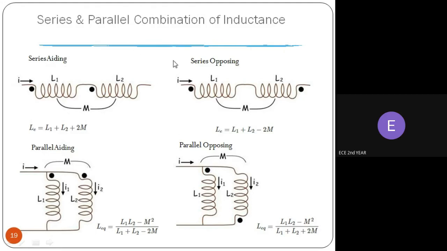The second combination is series opposing. Here L1 and L2 are two individual inductances connected in series, and concentrate on the place of the dots. Current flows towards one dot and current leaves through the other dot.